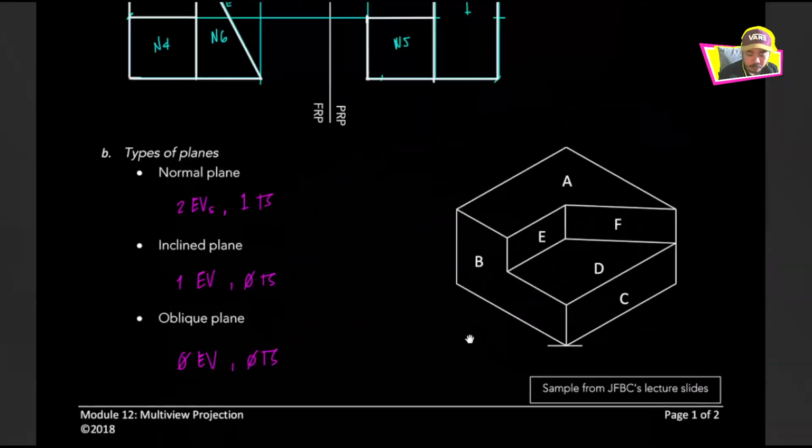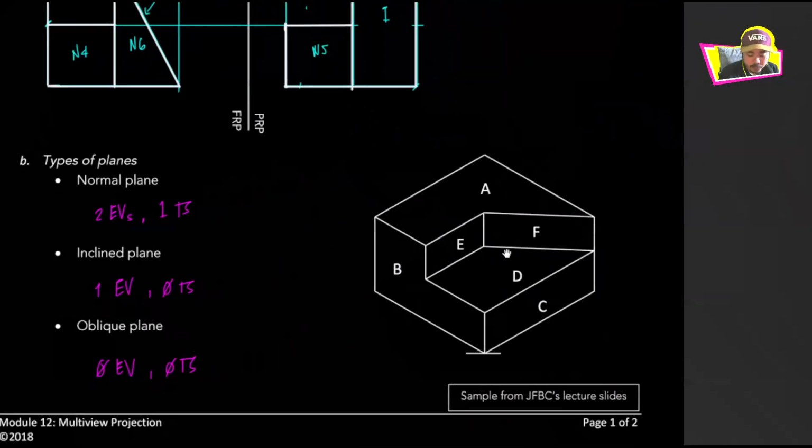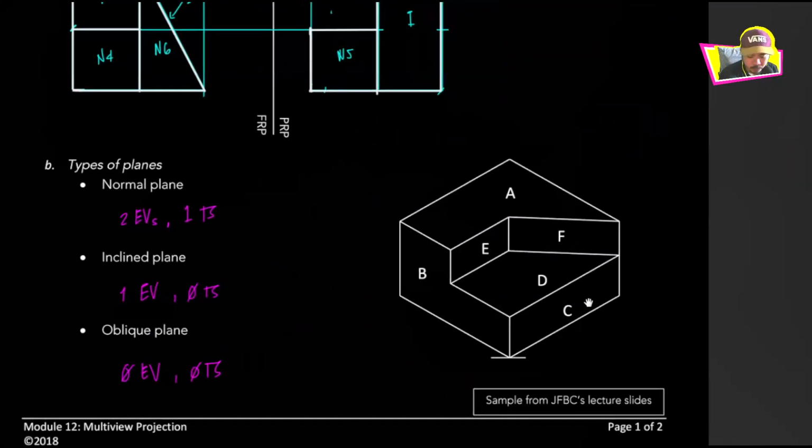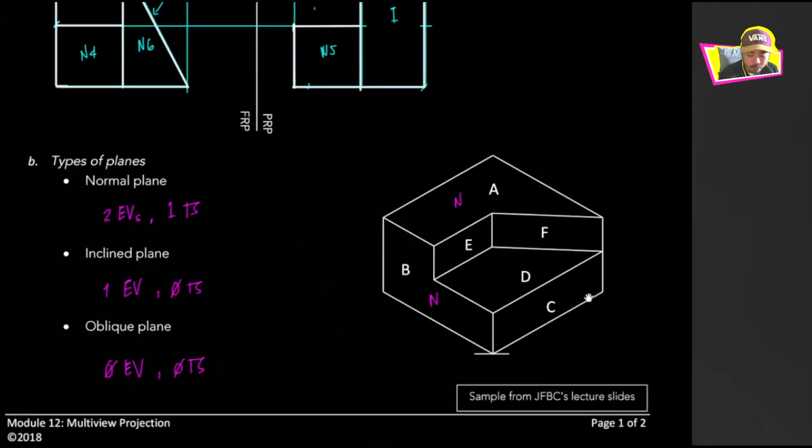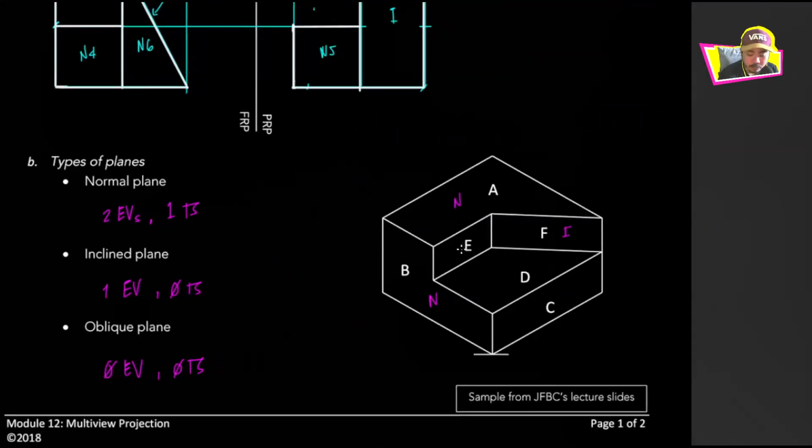Okay. So, let's try to identify ito, no? So, let's look at this. And mukhang ano lang naman siya. Puro normals and inclines, no? So, this is normal. This is also normal. F is an incline, no? E is normal. D is normal.